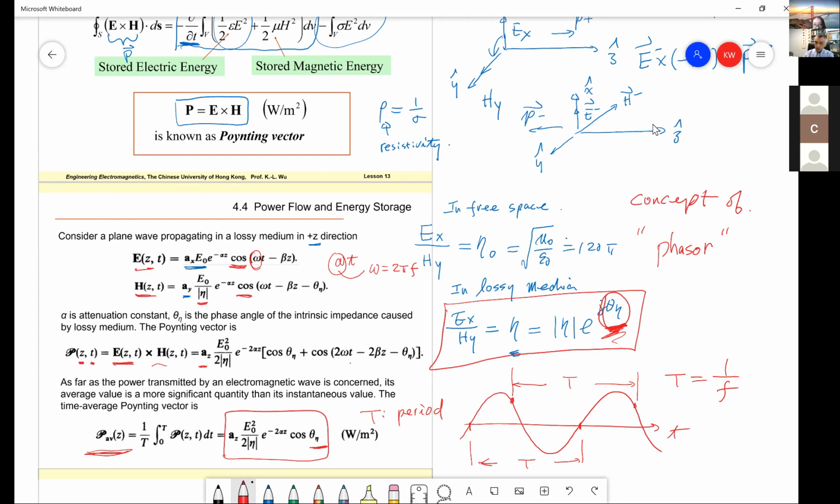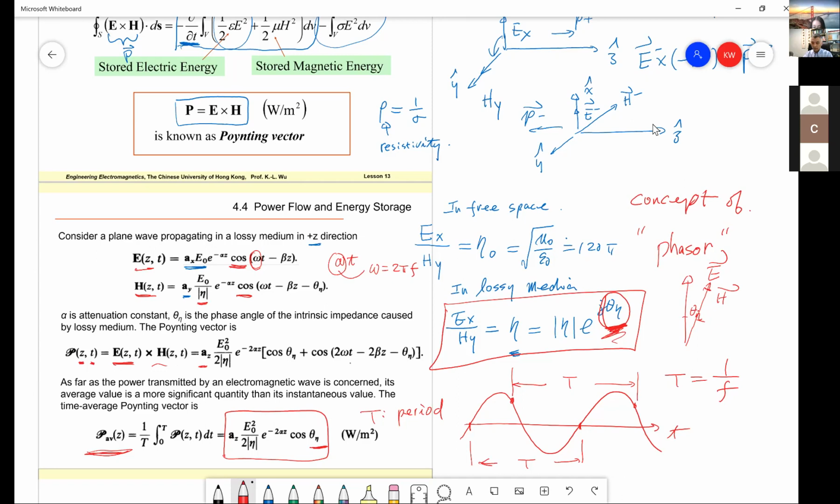The second fact: if this phase is a very small value, that means the electrical field and the magnetic field have very little phase difference, then most of the energy is still there, you didn't lose too much.